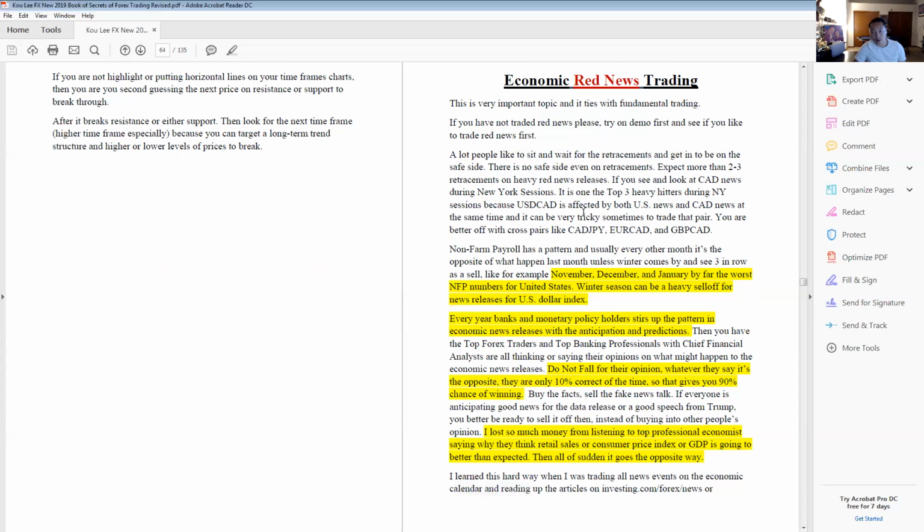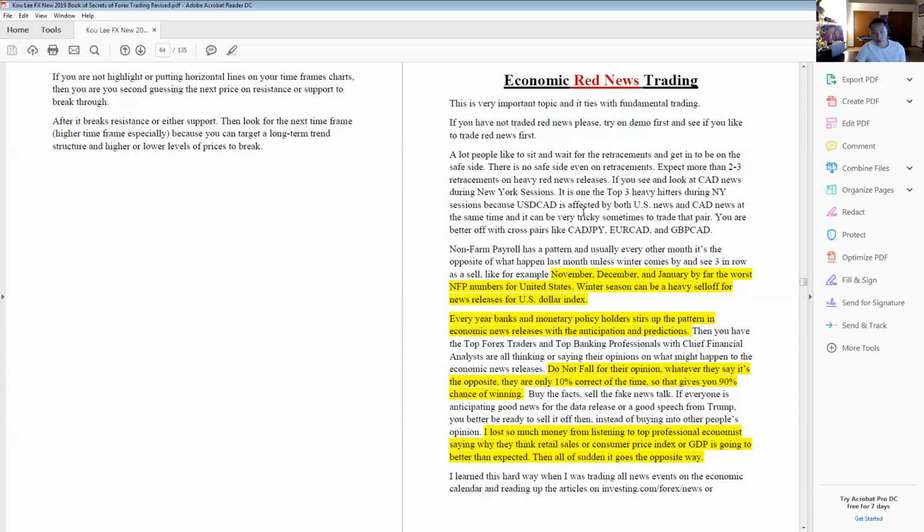When I lost my 26K on non-farm payroll, it was not because of non-farm payroll. Non-farm payroll was positive. An hour after, Fed Chair Yellen was speaking, it was March 3rd of last year, 2017. She was speaking an hour after NFP was released.